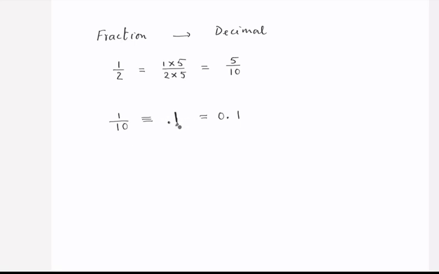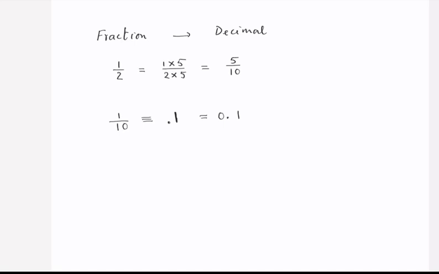It is just, after all, 1 out of the 10 tiny parts. So it has no whole units. That's why to the left of this decimal point, we put 0, saying that there is nothing, there is no whole unit, and there is only 1 out of the 10 tiny parts. So 0.1 exactly means what we understand as 1 by 10.